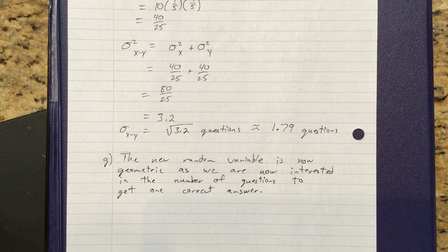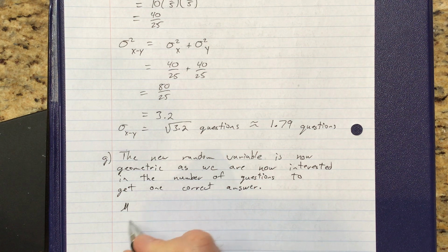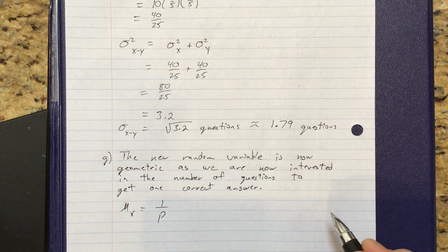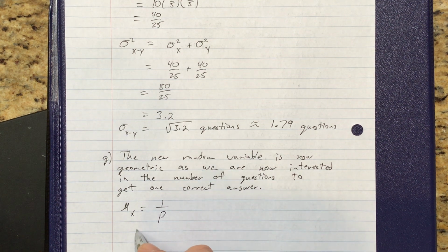Okay, so answer his question. So how many on average will he have to answer to get one correct? Well, remember the mean of this random variable on your formula sheet is simply 1 over p. So in this case, we are looking at 1 over 1/5, or in other words, 5 questions.